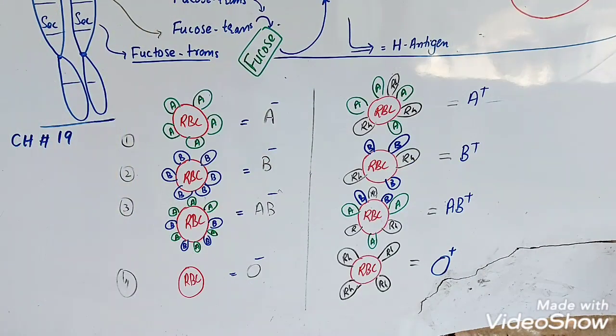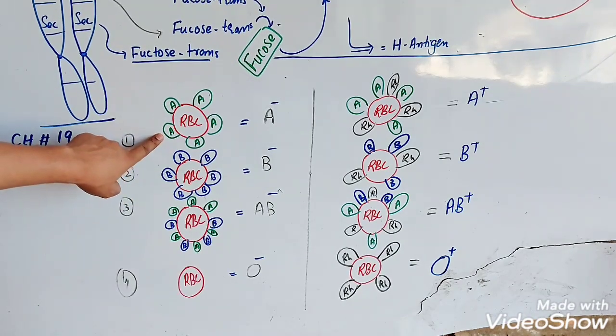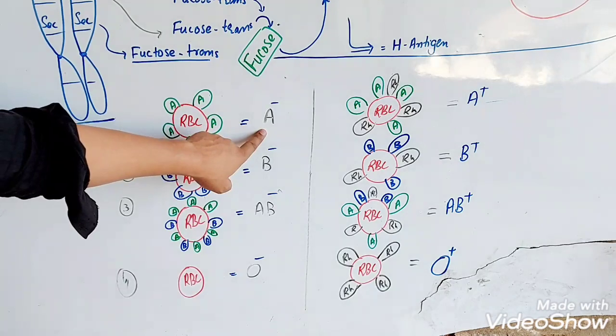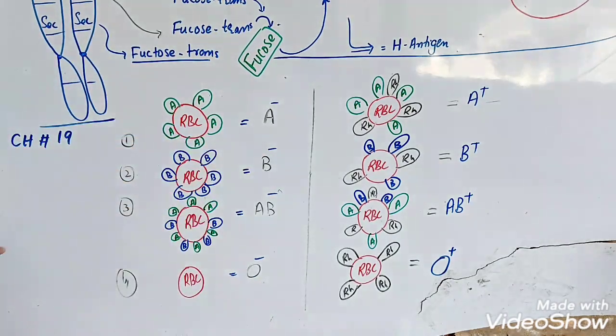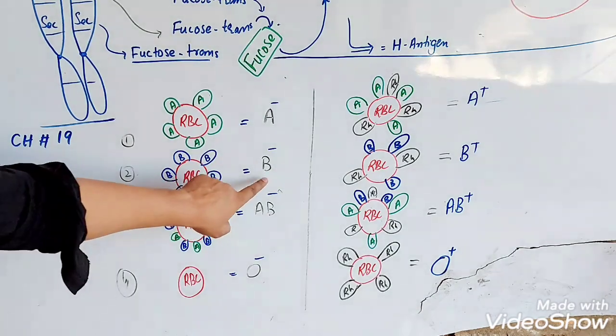So viewers, this is what we were talking about. A person's blood group actually depends upon the type of antigen found on the RBCs. Look, when a person has only antigen A on the RBCs, the blood group will be A negative. Another person having antigen B on the RBCs will have B negative blood.